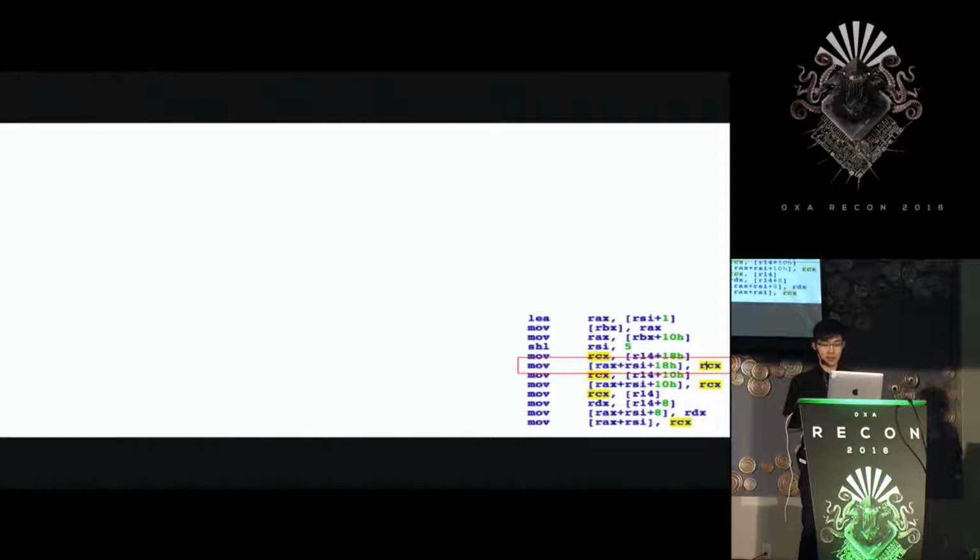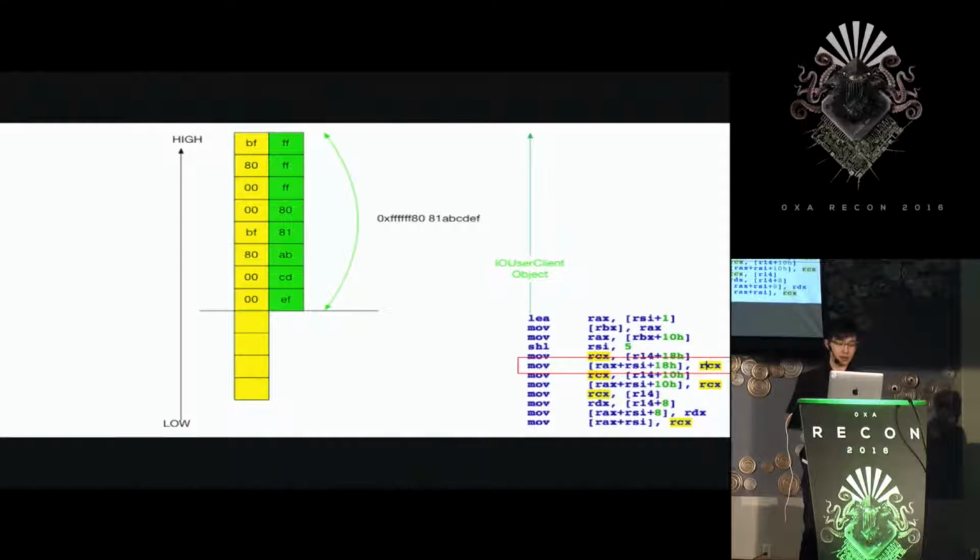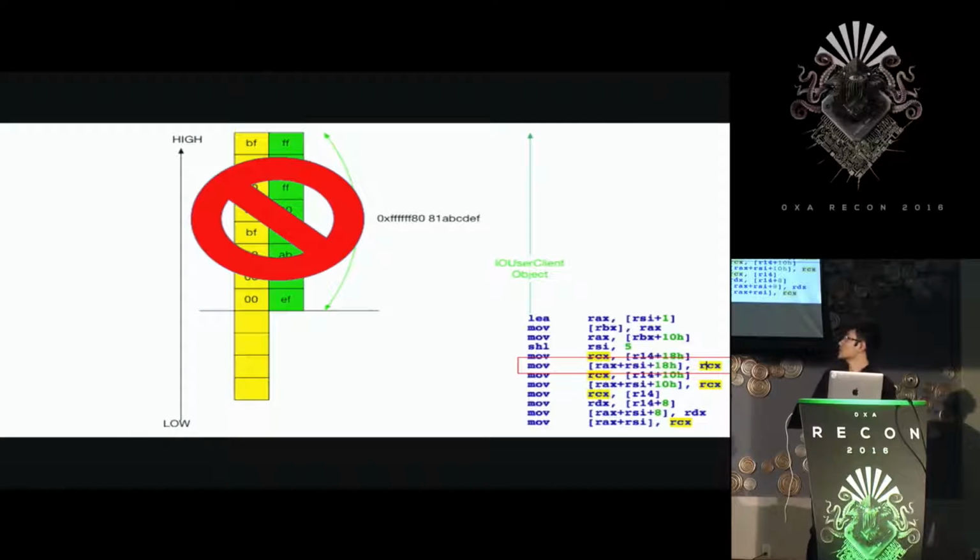First, we may think of overwriting a heap location or vtable pointer location. If we do an 8-byte aligned write, for example, overwriting a heap location with some BF80 value, of course it will not work, because the BF80 address is not a valid address in the kernel address space.